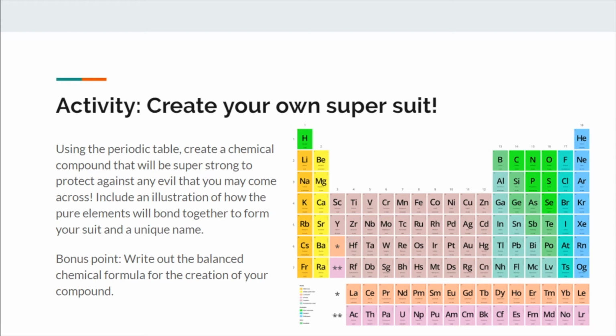The students will be able to draw an accurate image of their compound using proper bonding techniques. The students will also need to give their compound a unique name. For example, the compound that Batman used for his metal suit is commonly called Batmanium. In addition, students who provide a balanced chemical equation for the creation of their compound will receive a bonus point. The supersuit that they create can be used creatively in their comic strip for math.